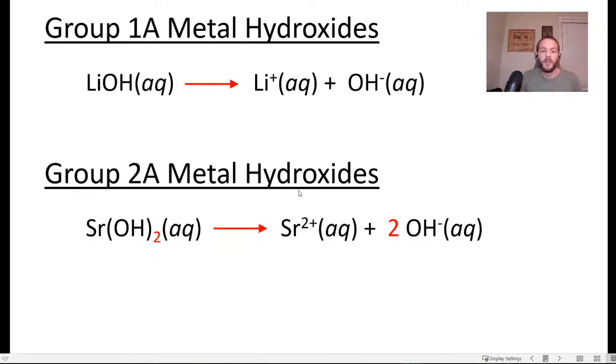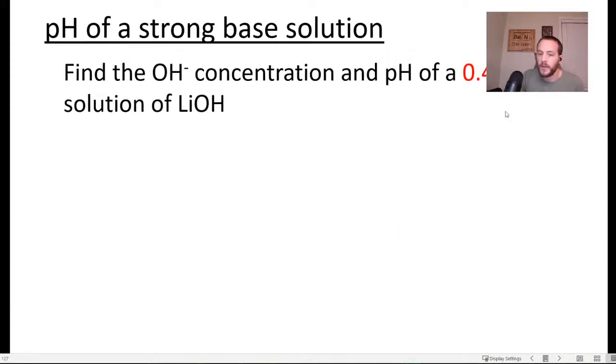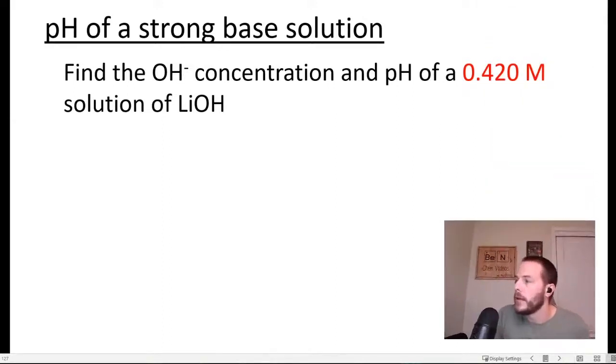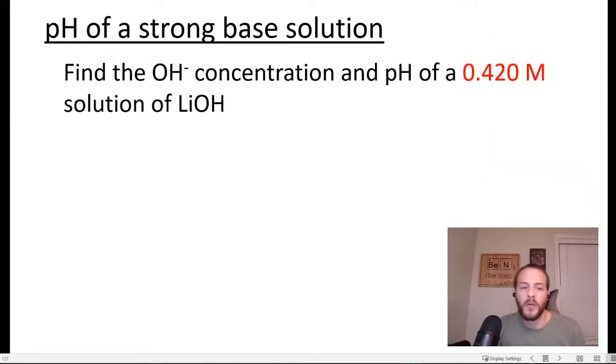So we're going to do a couple of examples of finding the pH of a strong base solution starting right about now. So let me move myself over here real quick, and we're going to go to the whiteboard in just a moment. So this is a basic problem, finding the pH of a strong base solution.